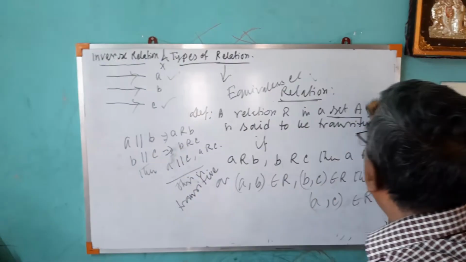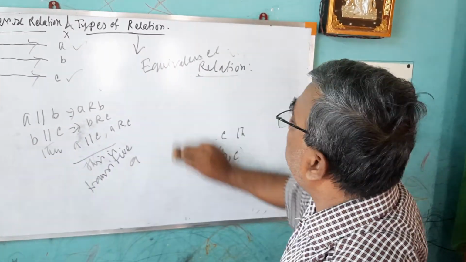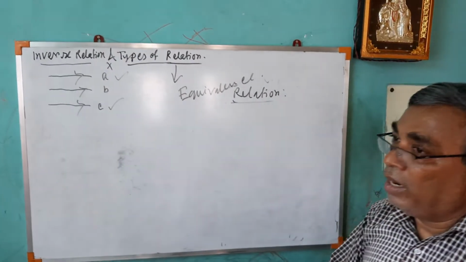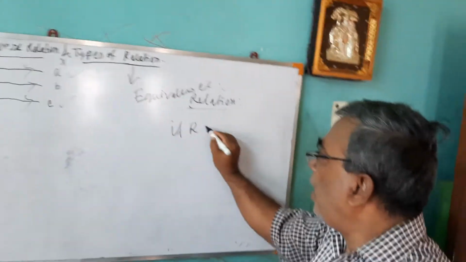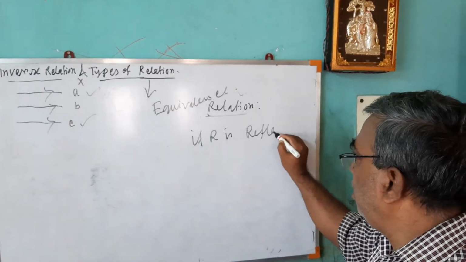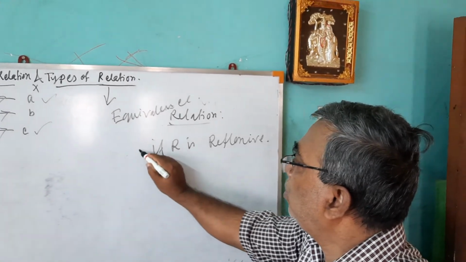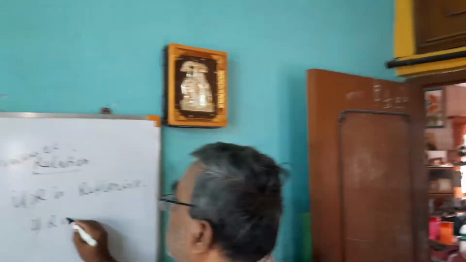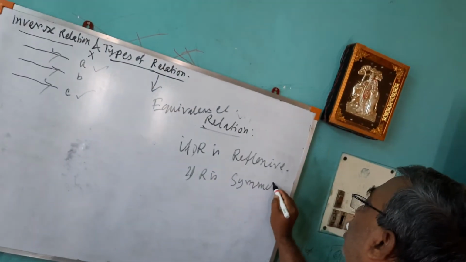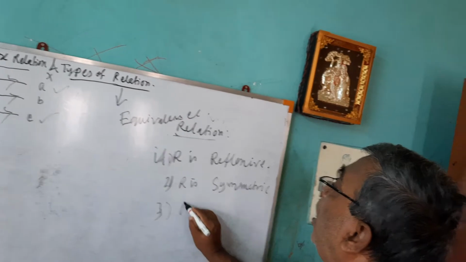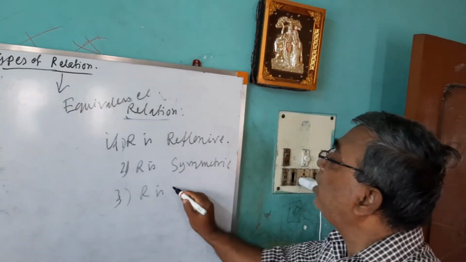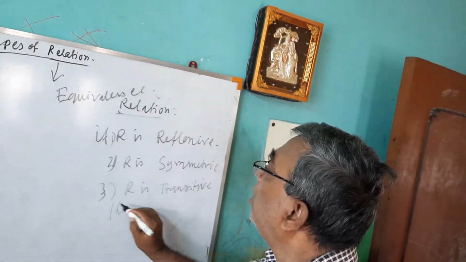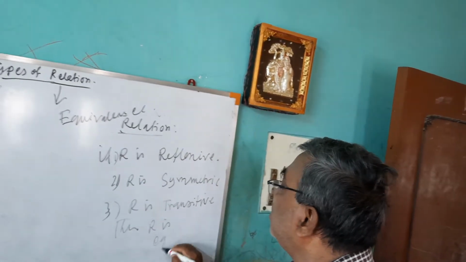If a relation R is reflexive, number one; number two, R is symmetric; number three, R is transitive, then R is an equivalence relation.